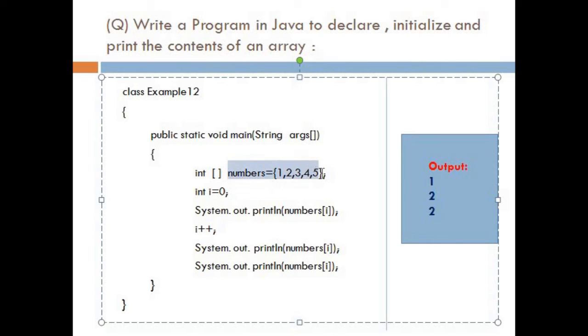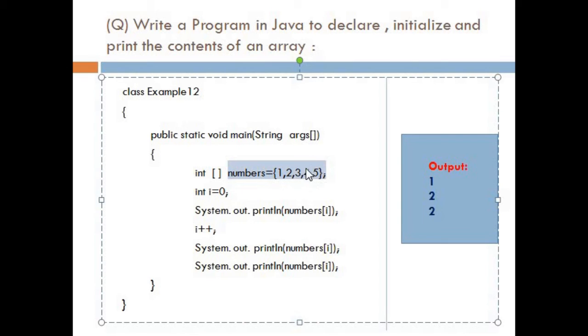And the initialization part initializes this array variable called numbers with these elements, which are 1, 2, 3, 4 and 5. Now the element 1, since this is the first element, is stored at the index 0. In the same way, the element 2, the second element, is stored at the index 1. The element 3 is stored at the index 2.